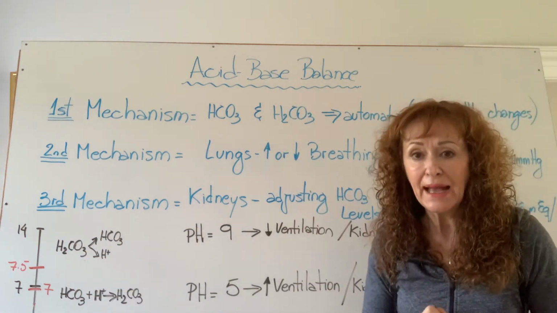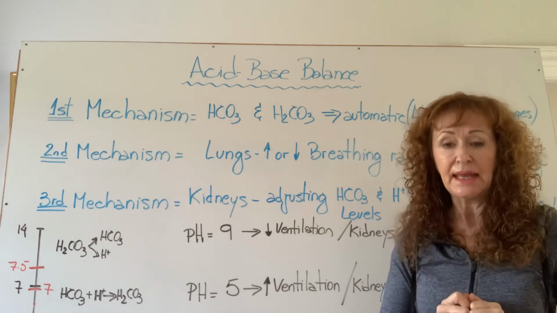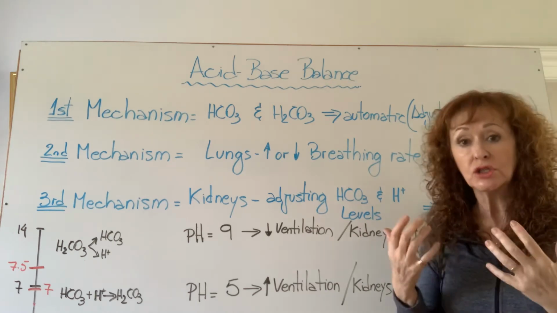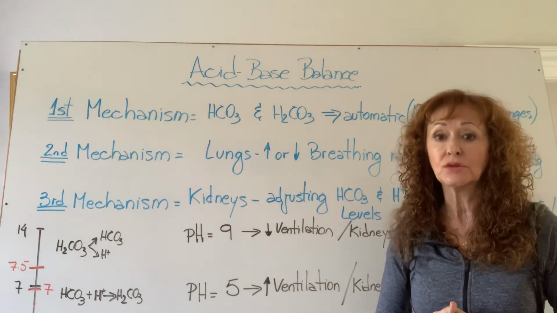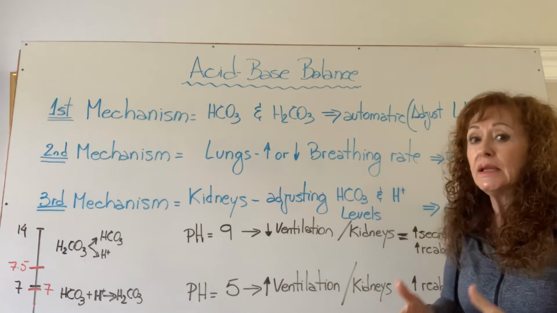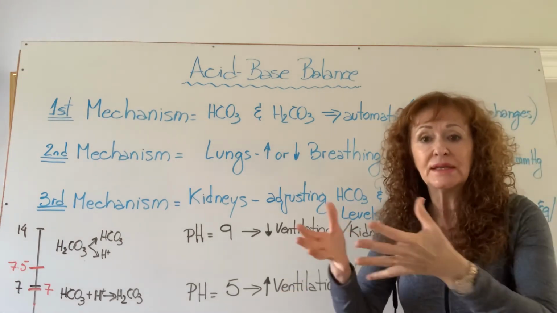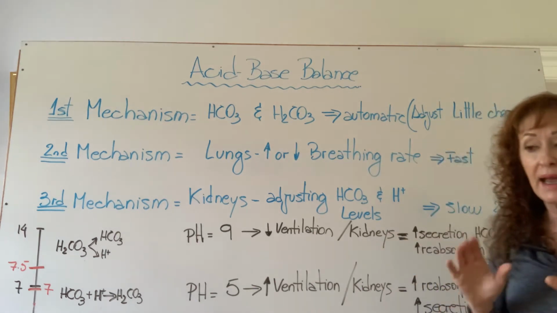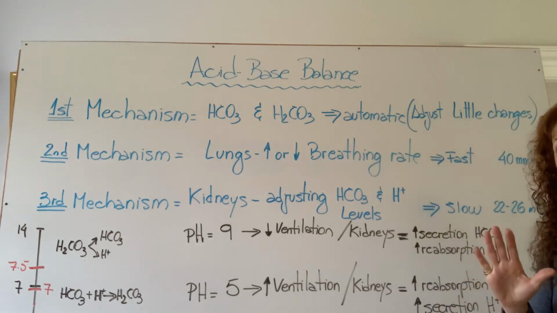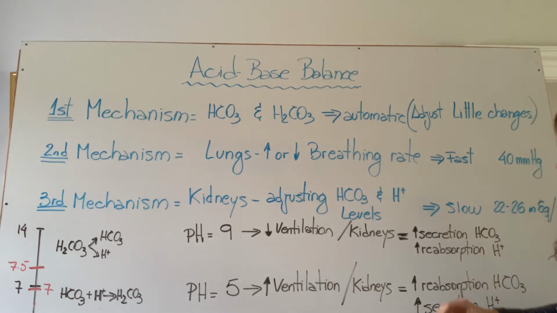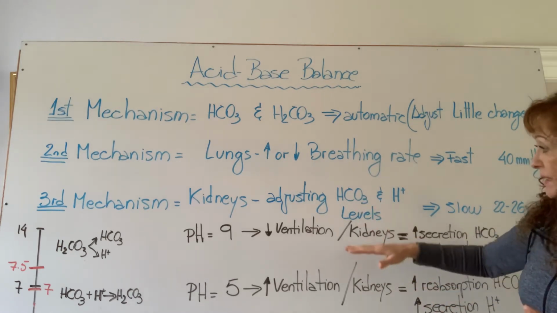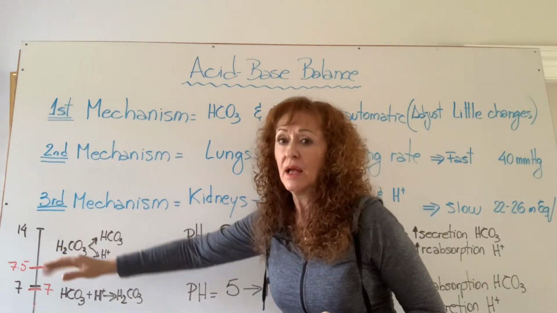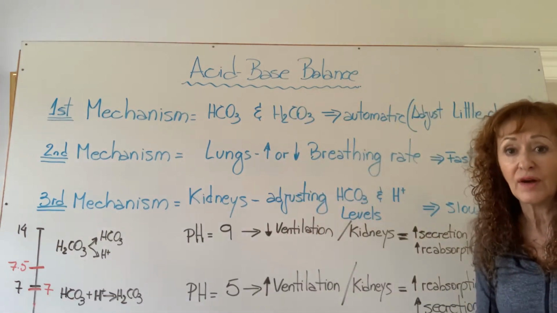Now, what happens simultaneously if the respiratory system is not capable of balancing things out by itself? We need to engage the kidneys. We need to engage the urinary system. What the kidneys are doing, and please take the time to analyze the wording, is that they have to adjust the level. In this scenario, we have a very low amount of hydrogen.